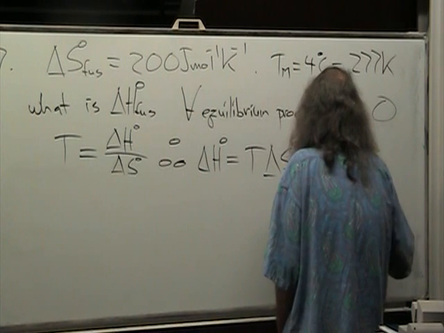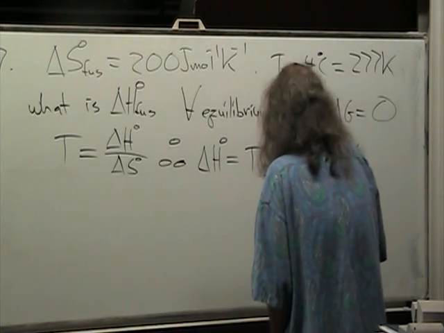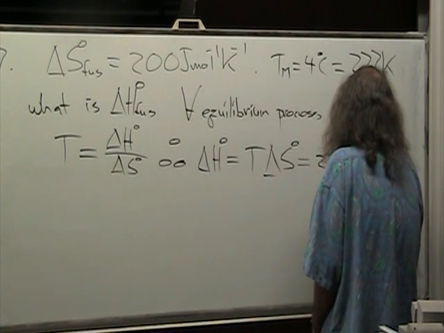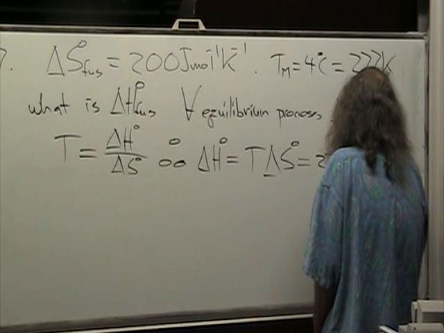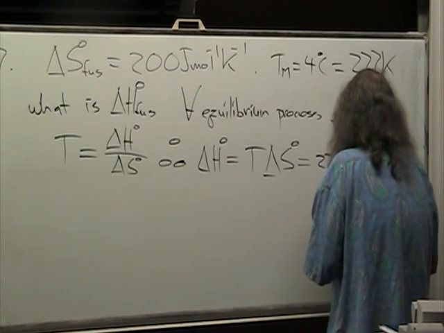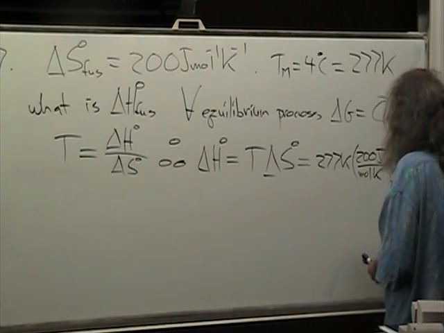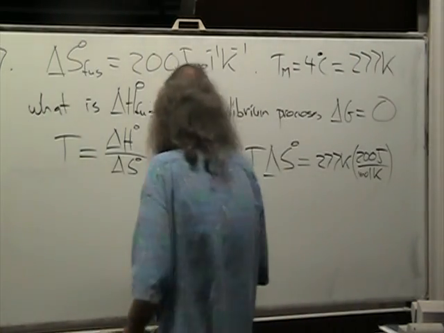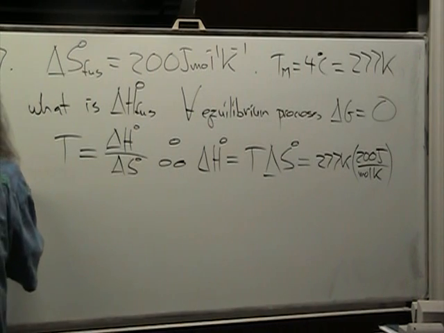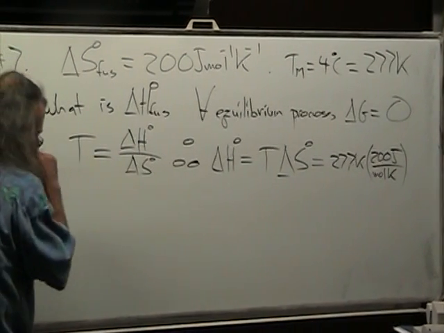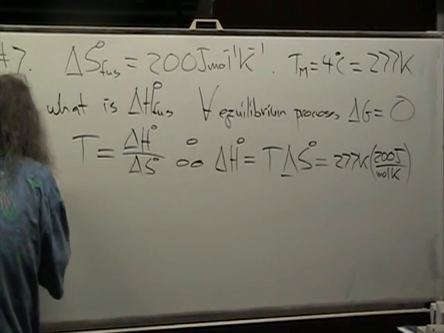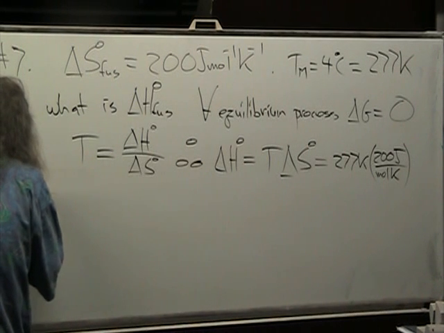277 K times 200 joules per mole. And so the units work out nicely. The K drops out, and it just comes down to multiplying 277 times 2. 554.